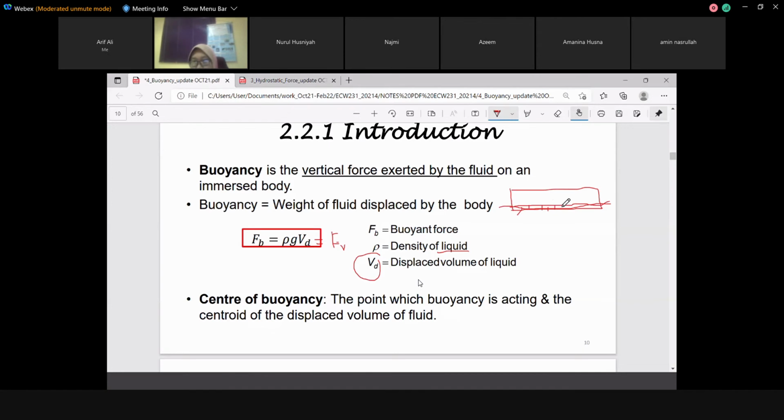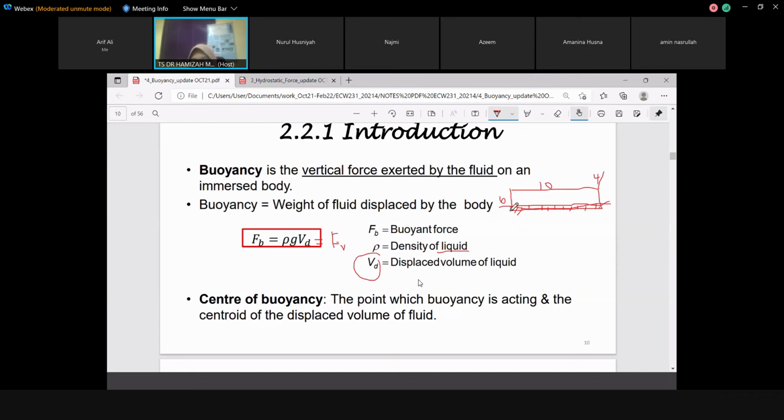Okay, so its volume is only the submerged volume. Okay, for example, they give the volume of the boat: the height is 6, the length is 10, the width is 4.